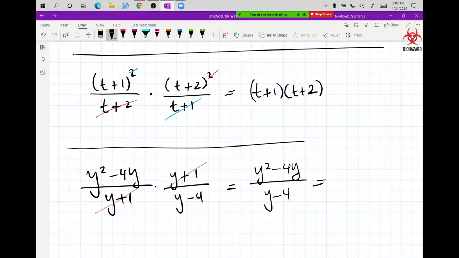Nope, that will give you y squared minus 4. But then there's this y missing, right? If you write y minus 2, y plus 2, that would factor into y squared minus 4. But you don't have minus 4, you have minus 4y. And that tells you something about the problem.